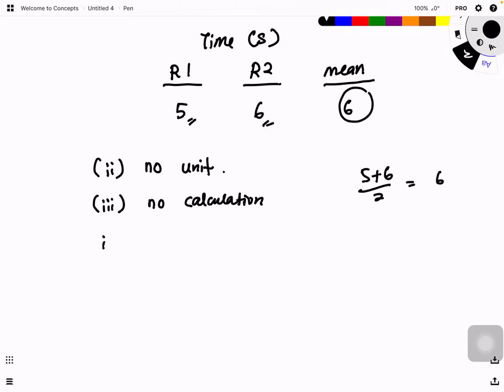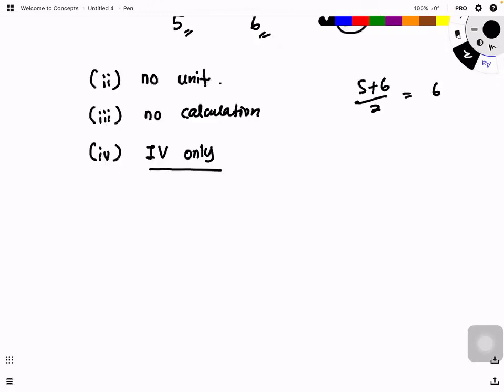Number 4, applied to the independent variable only. You have to make sure that when you record the independent variable, it must be either in ascending order or descending order, following the question. Sometimes the question asks you to start with the higher temperature first, then you record in descending order. If the question asks you to start from the lowest temperature first, then you record in ascending order.